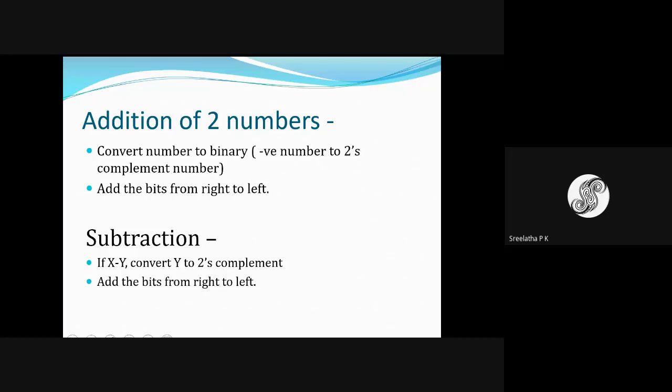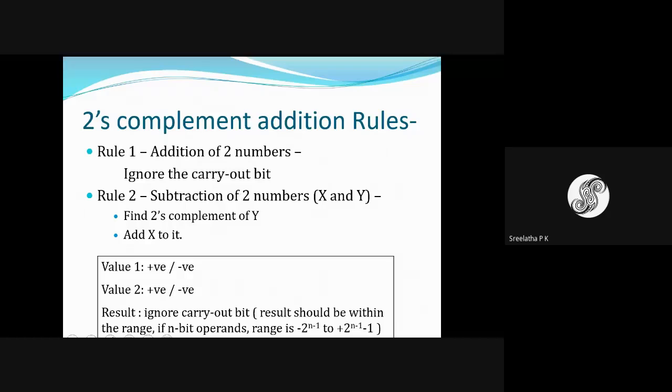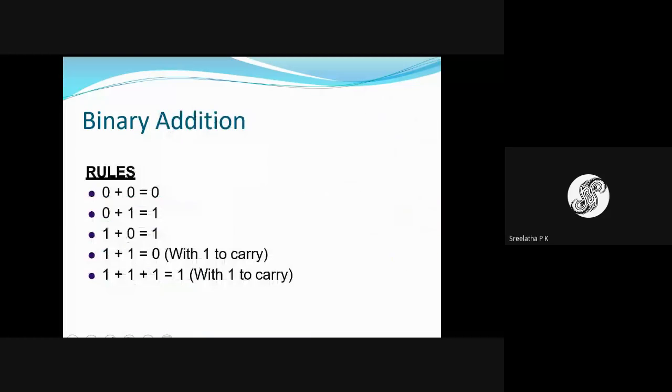Now, how do you add two numbers? You have to convert the numbers to binary, and if it is a negative number, find the 2's complement of it and then add from right to left. We'll see how to find the 2's complement and come to subtraction later. So for now we'll see the addition rule.